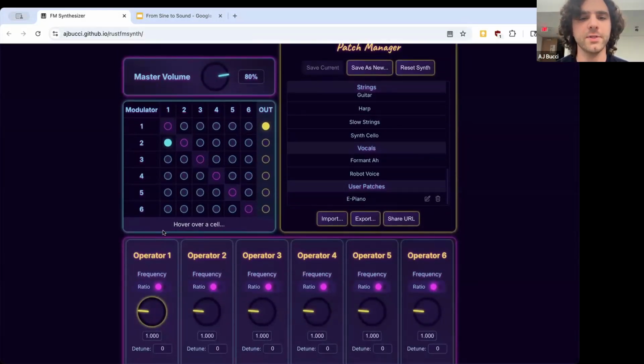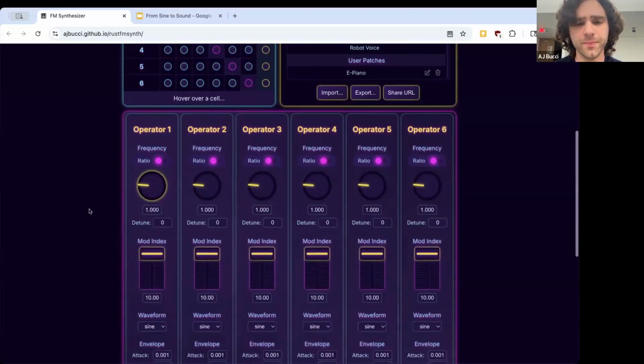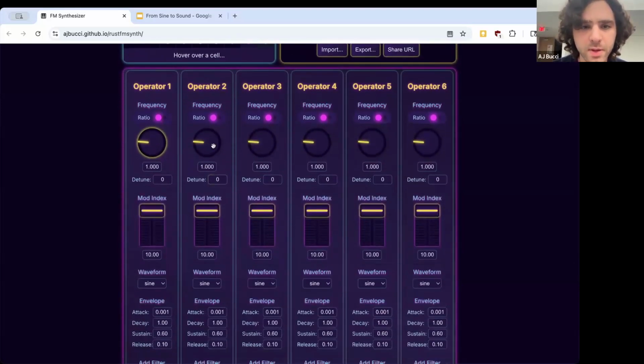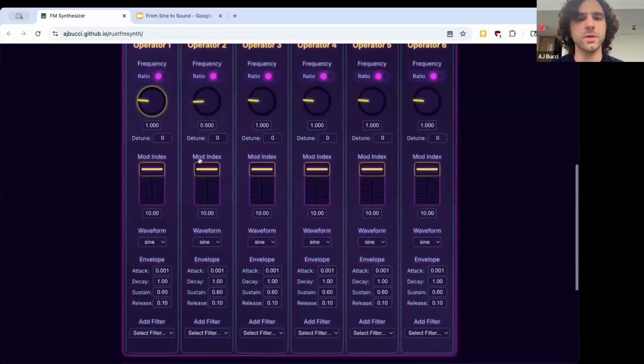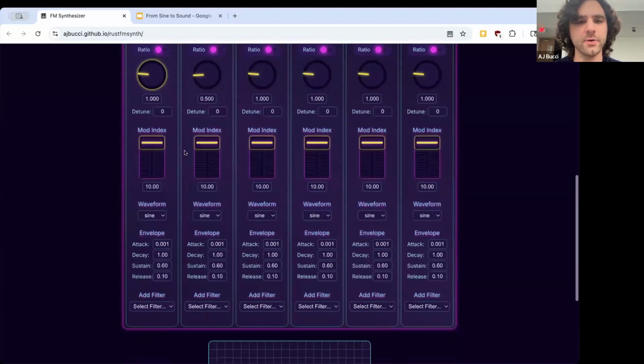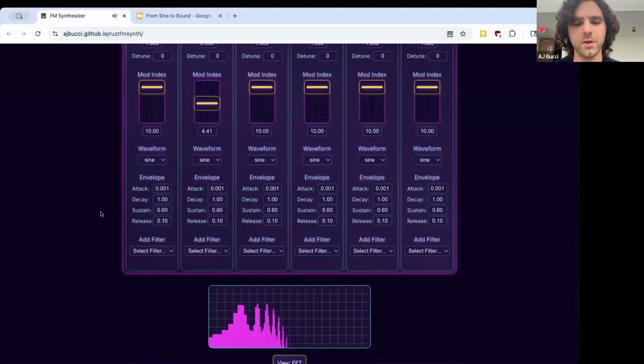I have these different waveform generators, operator 1 and operator 2, and I'm saying operator 2 should feed into operator 1, which is going to be output as a carrier wave. In the presentation, I gave the modulator a frequency ratio of half that of the carrier. Let's see what that sounds like.